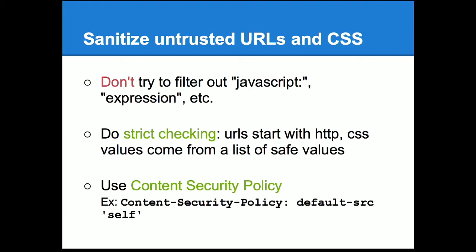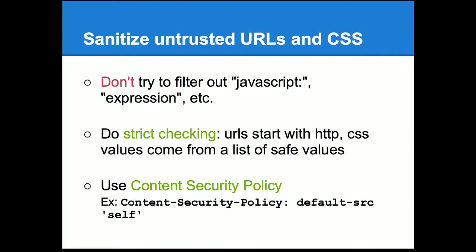And that white space would work just fine in many browsers. They would still evaluate the JavaScript URL. So there are a lot of tricky things like that an attacker can do. And you should instead go with a whitelisting approach, where you make sure that the URL starts with HTTP before you display it. Or in the CSS example, you have a list of safe colors that users are allowed to use, and you check that the string matches one of those.